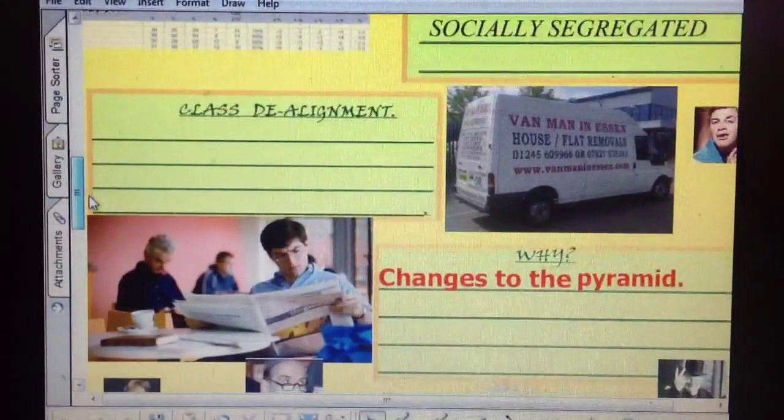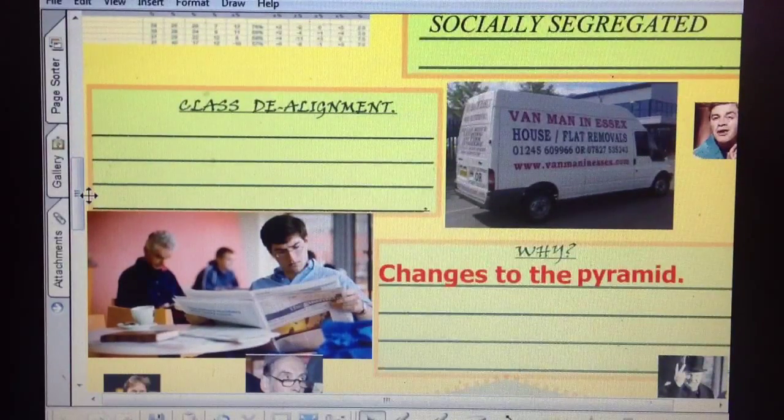Now, why is this? It's referred to as class dealignment, as I said, and we have to figure out why. So it's reasons like this.